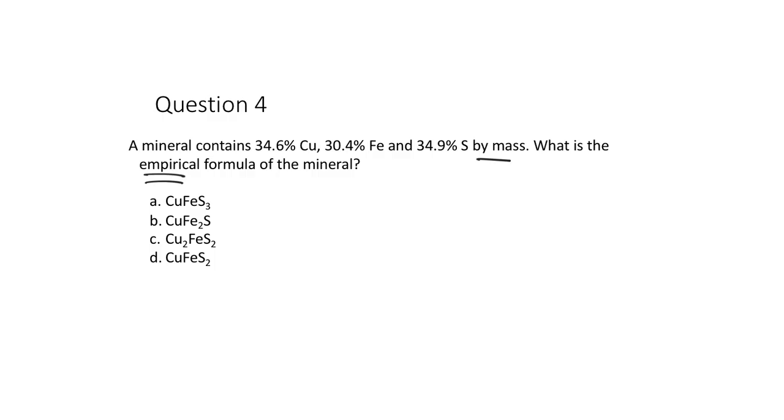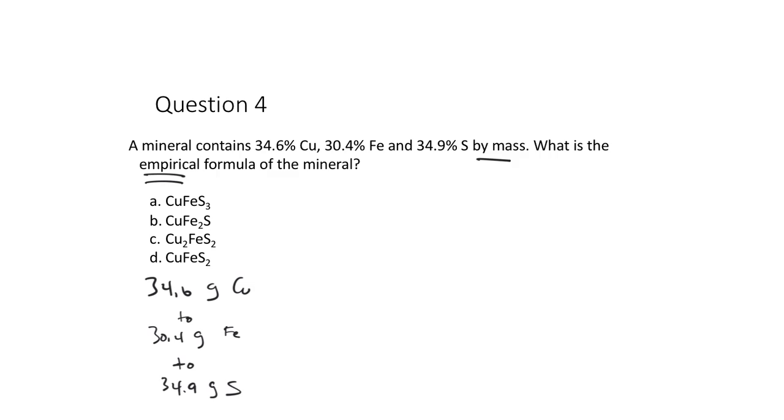We can't get any kind of molecular formula from this data, but we can at least get the empirical formula. The way these problems generally begin is with a ratio of the masses that would be true for this information. So if I have 34.6 grams of copper, then the amount of iron should be in this ratio to 30.4 grams of iron, and to a ratio of 34.9 grams of sulfur.